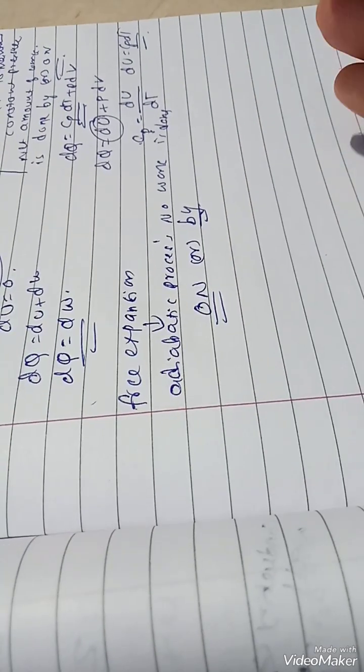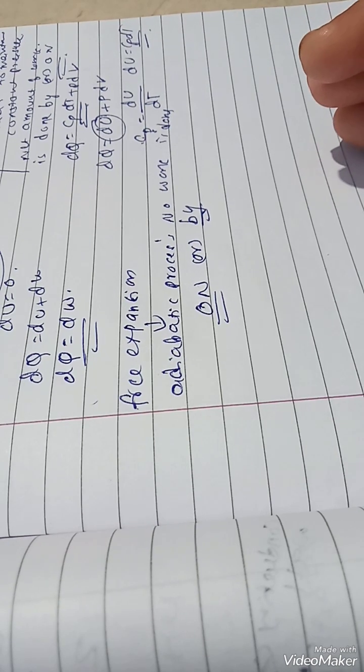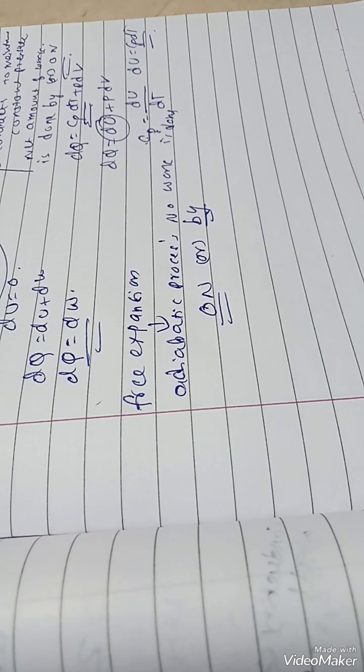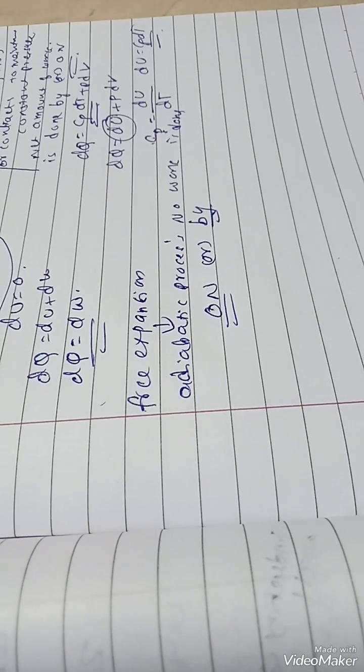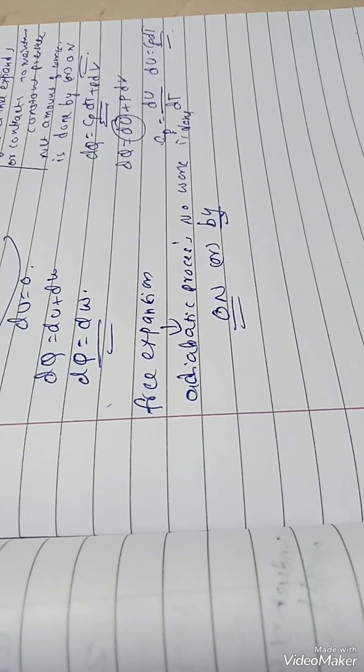As work is not done, here free expansion takes place. For example, if the stopcock is opened suddenly, the gas rushes into an evacuated vessel and expands freely. The process is adiabatic, as vessels are in thermal insulating states.